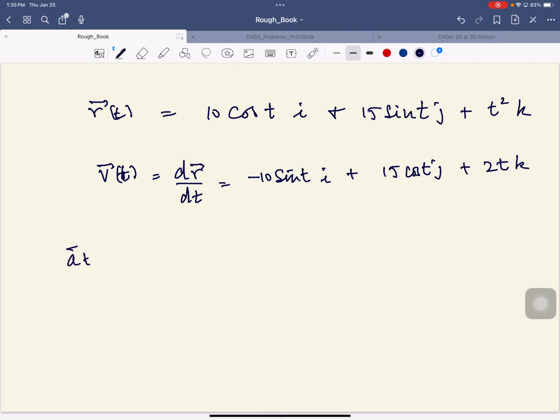So acceleration. Acceleration is not just acceleration in the z direction. The acceleration in the z direction is constant, but you have centripetal acceleration and acceleration in the z direction.